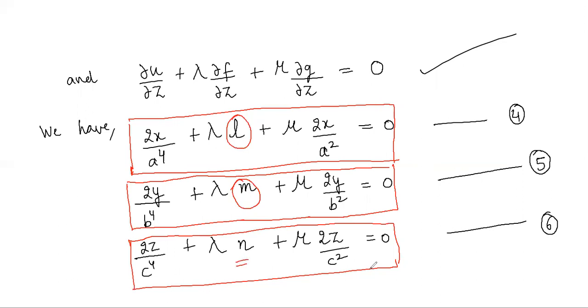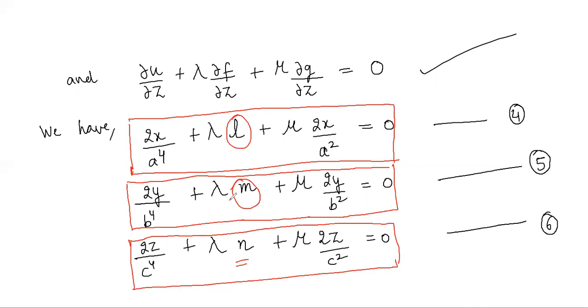And after doing this, if we add all the 3 equations, we will be having Lx plus my plus nz. And we know that Lx plus my plus nz is equal to 0 because this is our condition given in our problem. We have named it as equation 2 also.